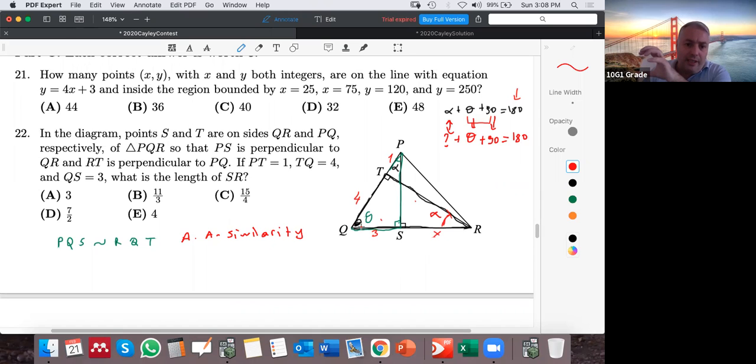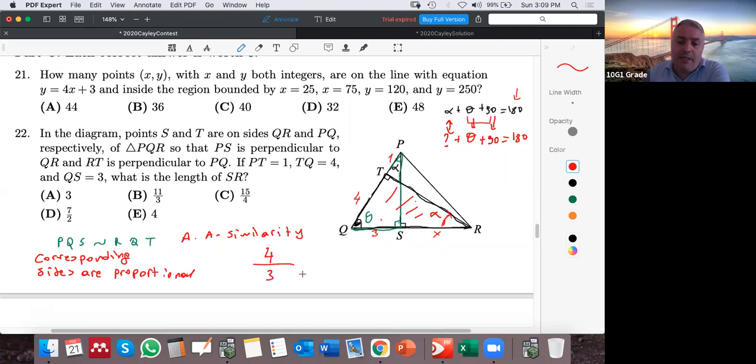For similar triangles, corresponding sides are proportional. Let me write. Corresponding sides are proportional. What does it mean? For example, if I use this triangle, you may start with QPS also, no problem. Opposite of alpha is 4. In the other triangle, opposite of alpha, I have 3. Am I right? Check it by yourself.